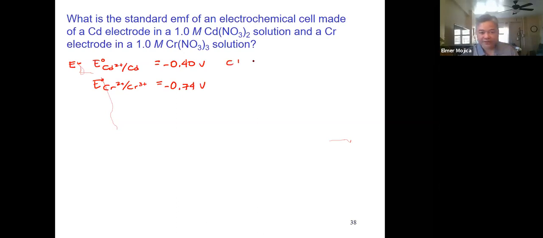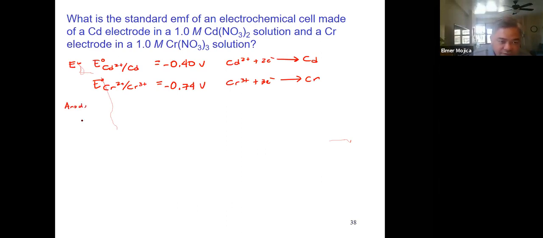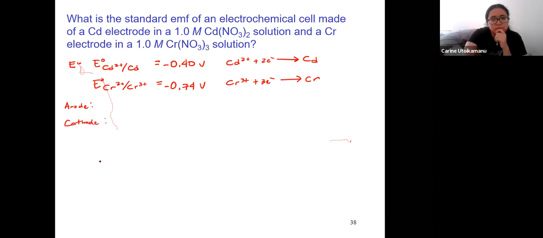So usually you have a reaction like this. If you're going to look at the reaction there, which is the anode and which is the cathode? What is the anode? Anyone? And what is the cathode? Chromium is the anode.